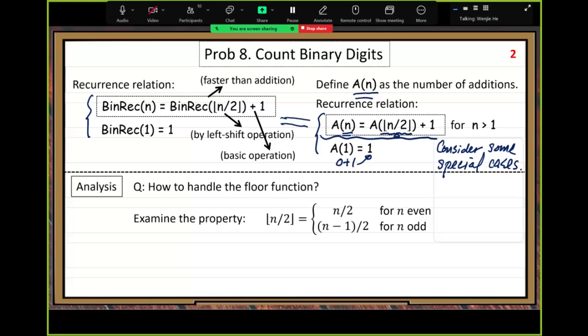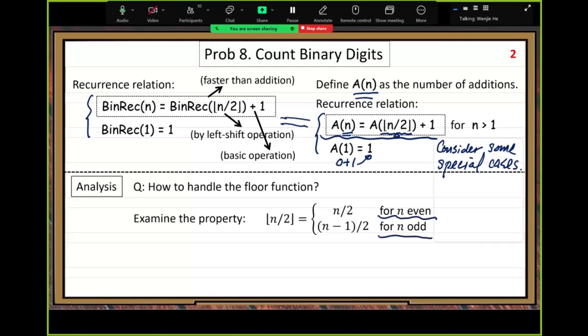Usually when we work on a relatively hard problem, we want to consider some simpler cases. When we start, we want to work on simpler cases. So here we have two cases, n even and n odd.